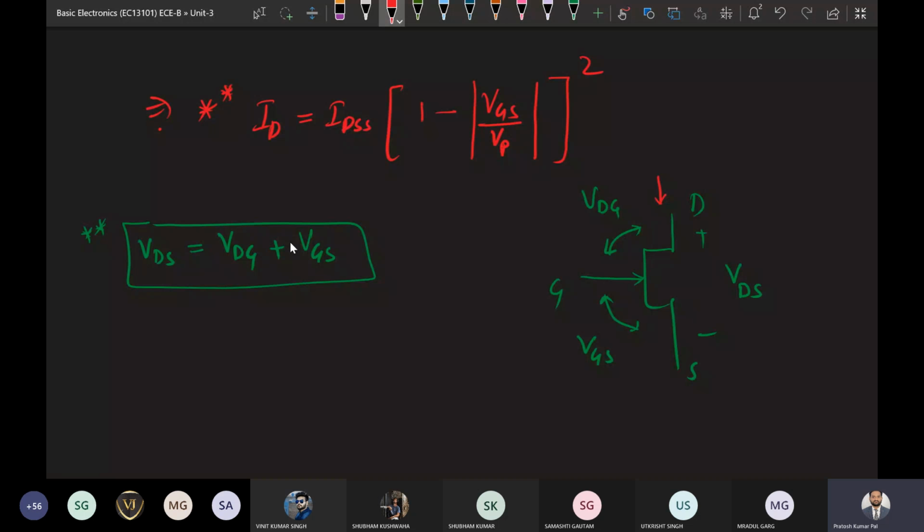But as IG is 0 in case of field effect transistor, the gate current is almost 0. So whatever ID is flowing, the same will be flowing through the source also. So we can have the relation that ID is equal to IS also.